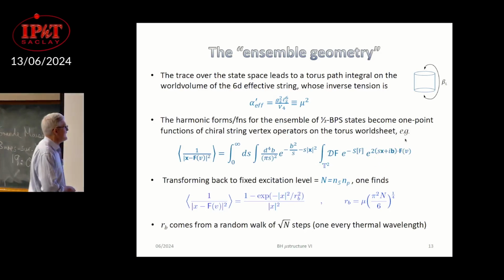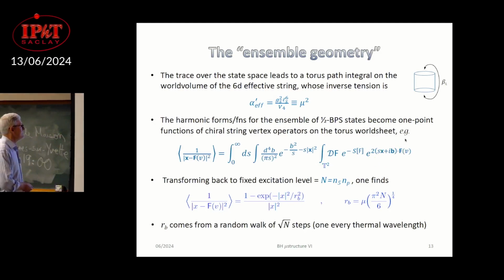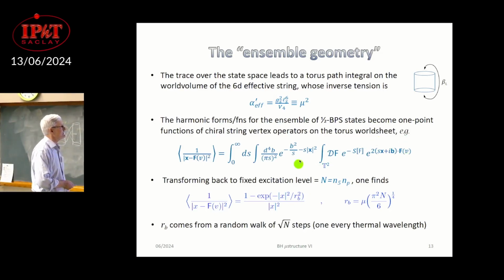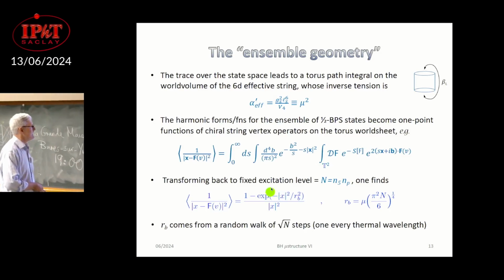And so if you, okay, do the path integral, carry out the integral transform, and then furthermore do the Legendre transformation from working at fixed inverse temperature to working at fixed level, one finds that the average of this harmonic function basically looks like the extremal black hole harmonic function if you're at scales which are much larger than some fiducial scale R sub b.